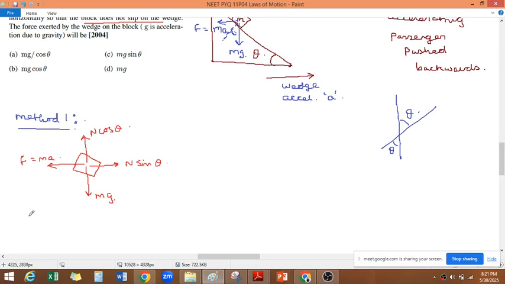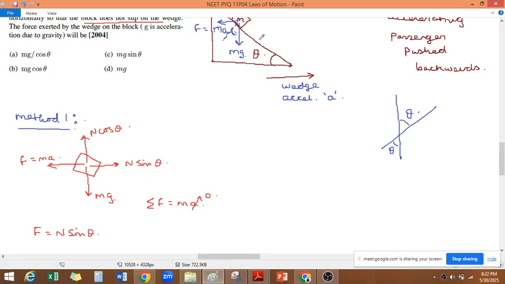You can directly write this as f is equal to n sin theta. I can do that. But if I want to explain a little more, I can say that sigma F is equal to ma. Since it is not moving, this becomes 0. This ma is different, right?